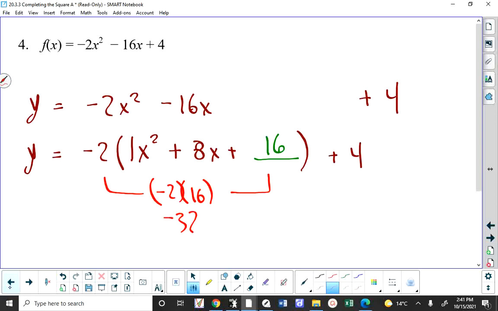I've lightened the right-hand side by 32. I better weigh it down by 32 to get it back in balance. So whatever you put here is always going to be the opposite of what you ended up accomplishing when you multiply that number that you factored out by the number you wrote in.